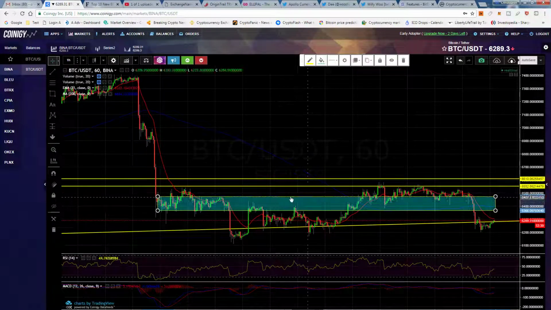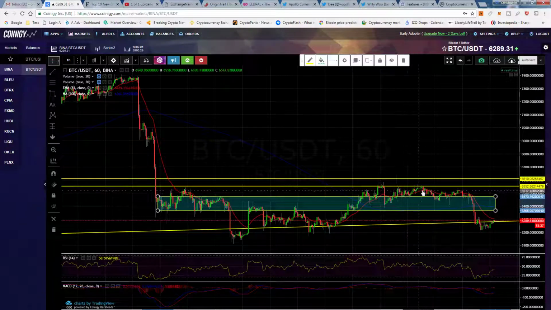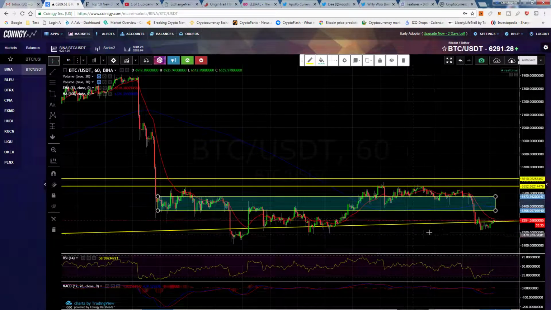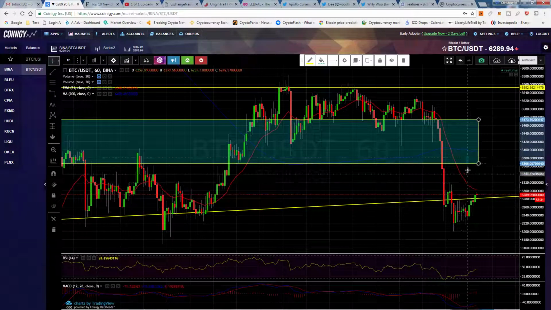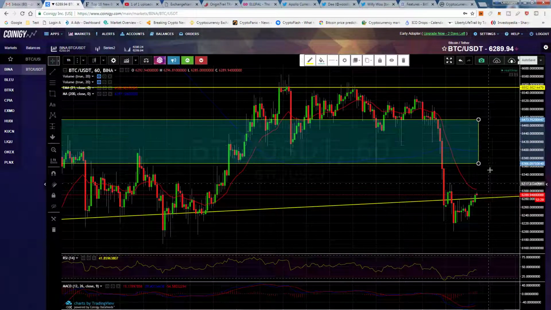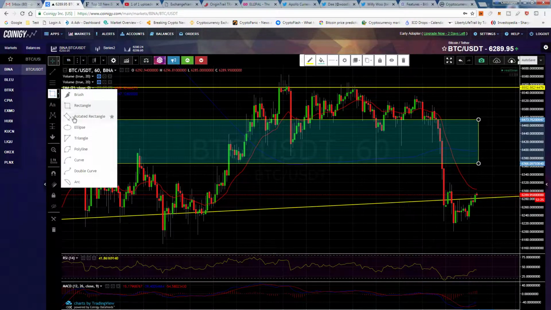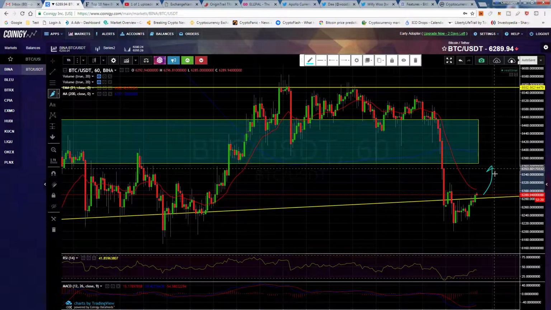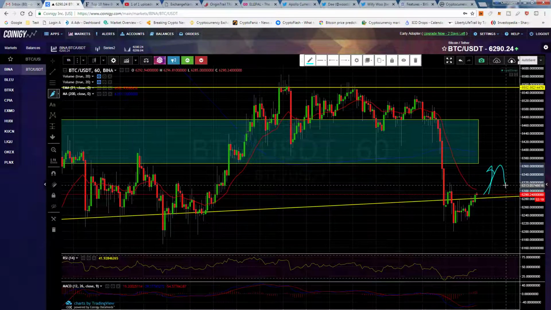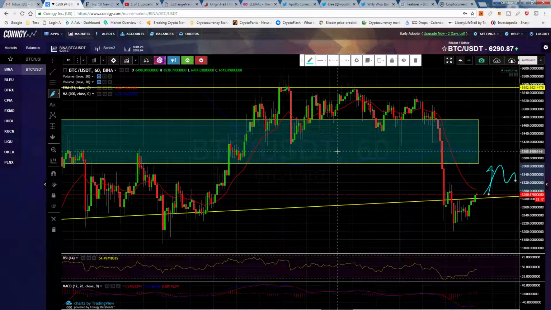So you could call this a support zone when the price action's up here, and it would be resistance when the price action starts coming up. All of a sudden, it's going to be hard to break through on the upside. So when this price is trying to get up here, it might get rejected, bounce off and come back down.